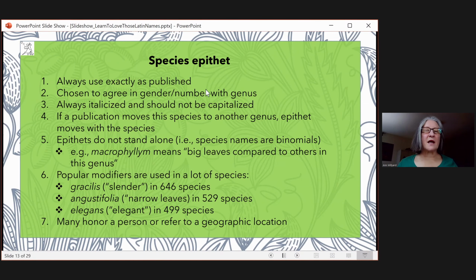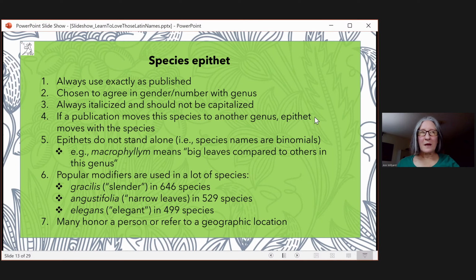The species epithet, you always use it exactly as published. Now, I'm going to tell you a couple of interesting things, and I think this is going to help you understand when you bump into names. First of all, I told you already that it was chosen to agree in gender and number with the genus. So gender being masculine, feminine, and number being singular or plural. I already told you it's always italicized and should not be capitalized. Here's what happens.